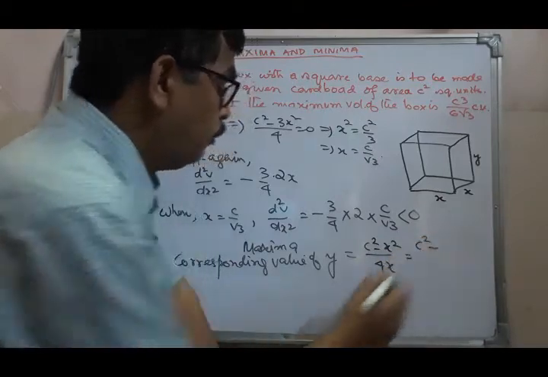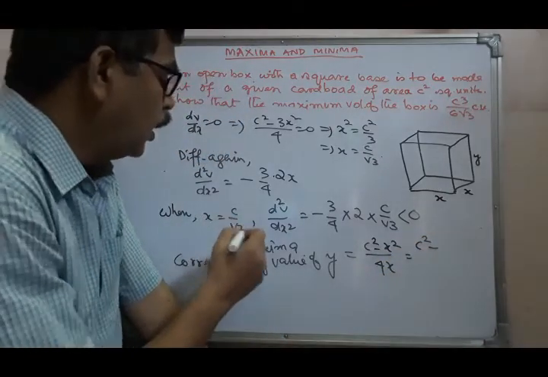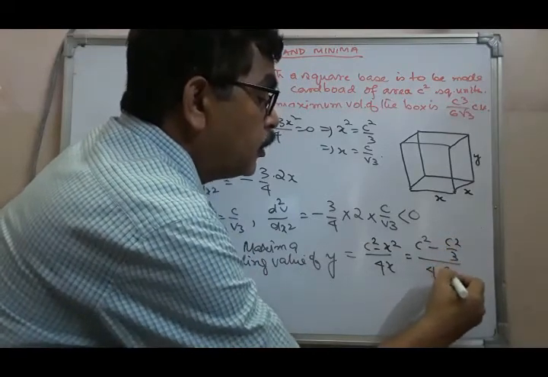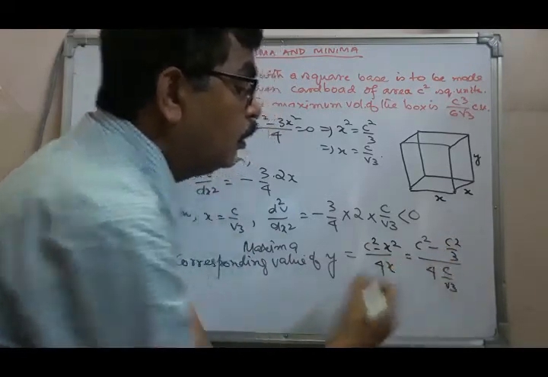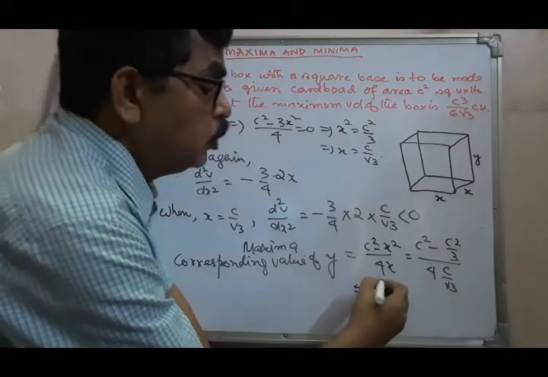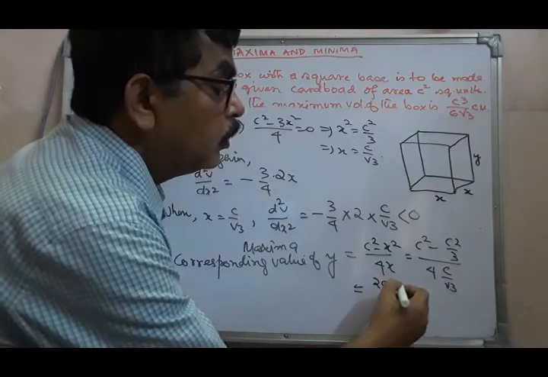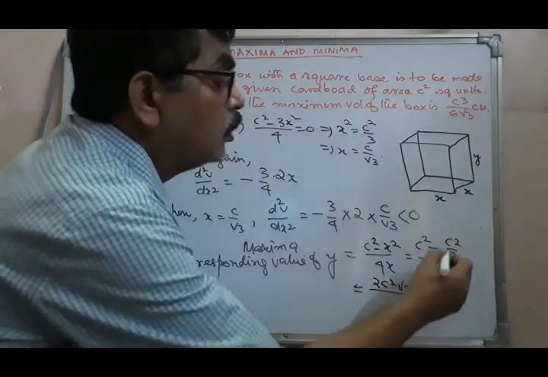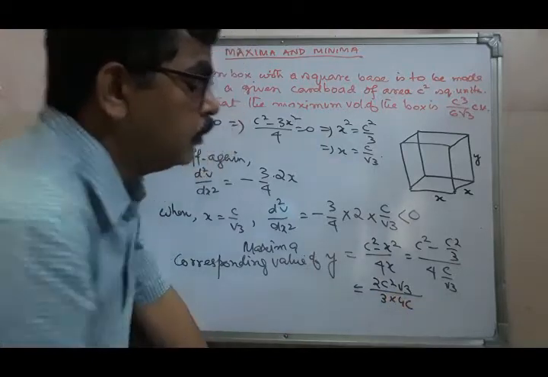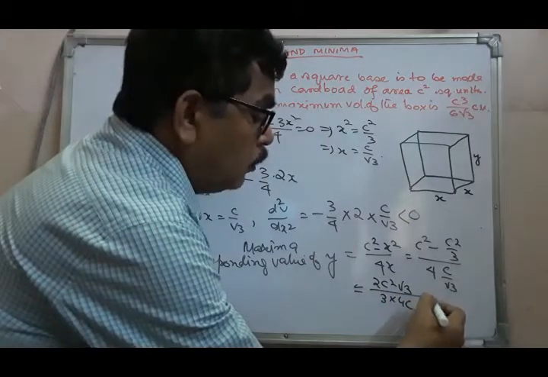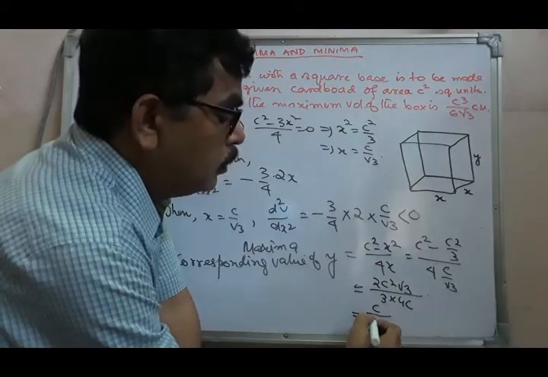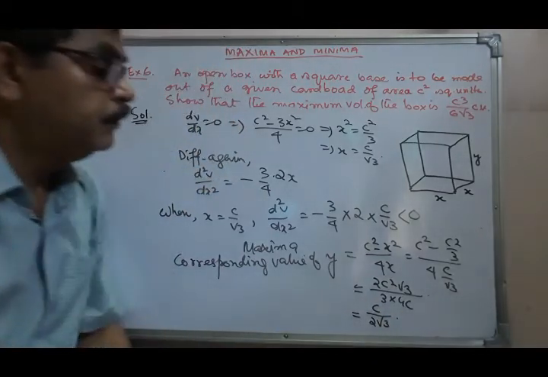So c square minus x square will be c square by 3 divided by 4c by root 3. So then y becomes 2c square into root 3 by 3 into 4c. So it becomes c by 2 root 3.